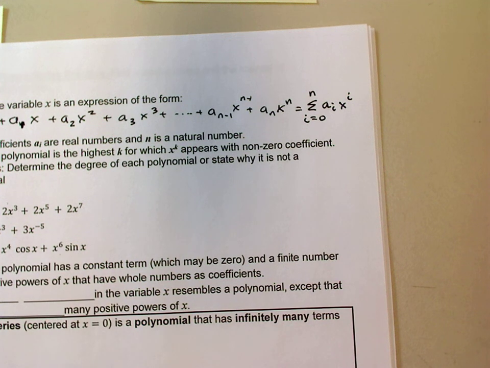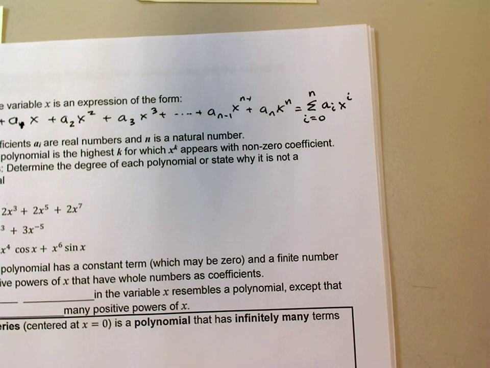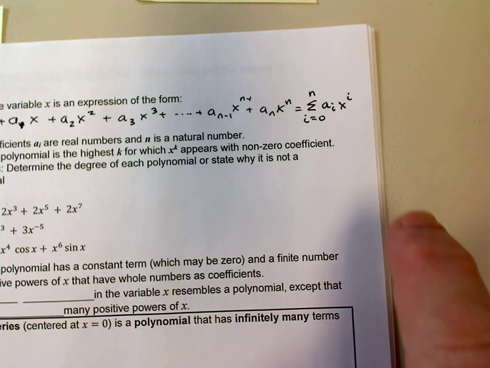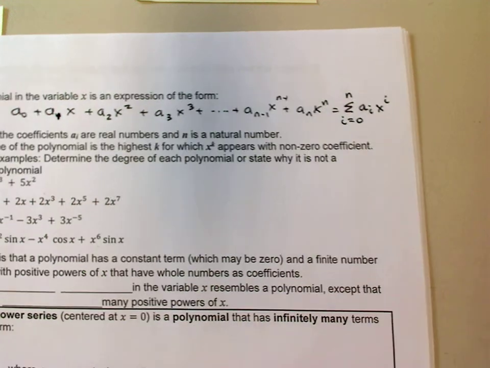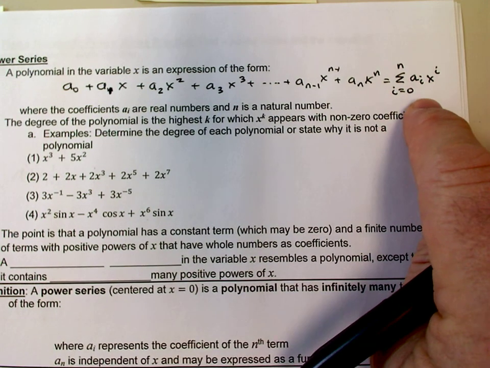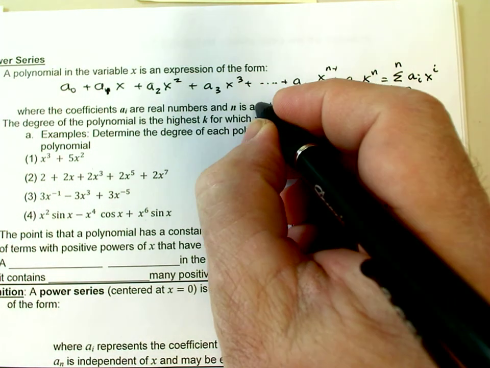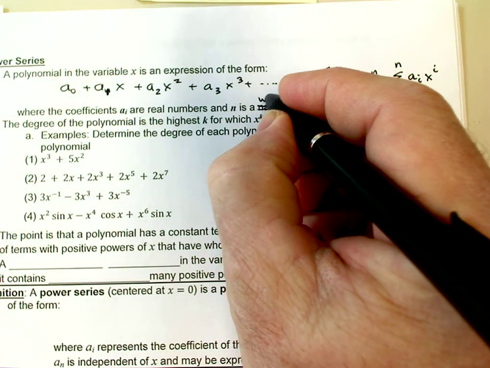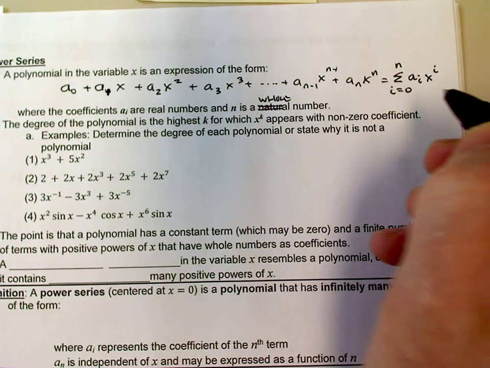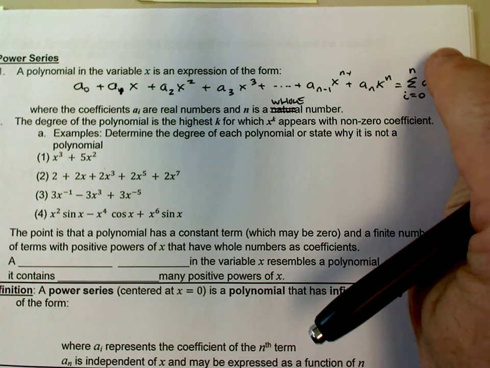So this is a power series where the coefficients a sub i are all going to be real numbers and n is a natural number. Of course, the natural numbers in this case would be, or whole numbers, I guess I should say here, because in this case I did start at 0. So the whole numbers from 0 to whatever n is.